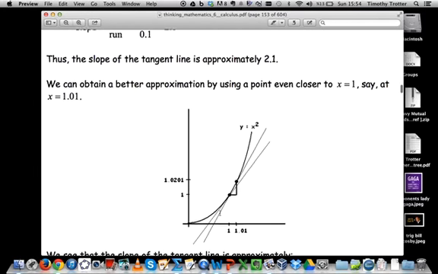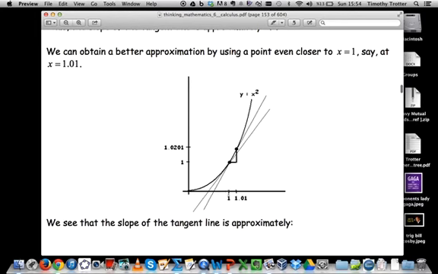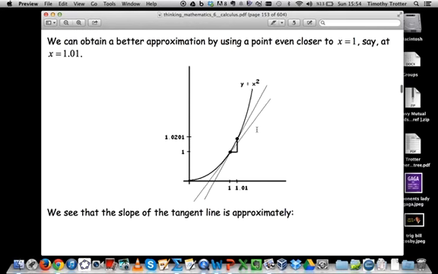Well, we find that if we would have chosen a point on the curve that was a little bit closer than our original point, the slope of the secant line actually gets closer to the slope of the tangent line. So for example, instead of moving over to 1.1, what if we would have moved over to 1.01?